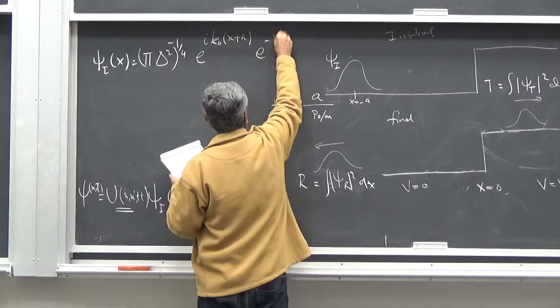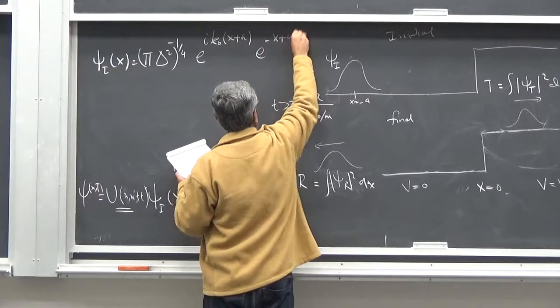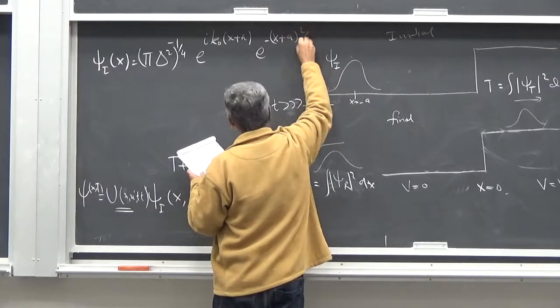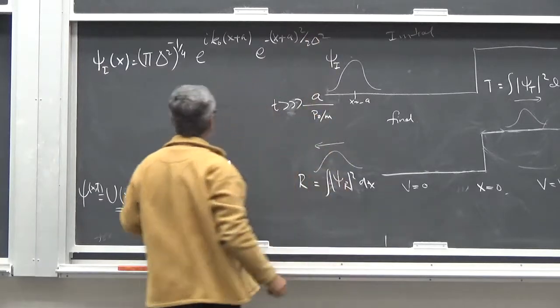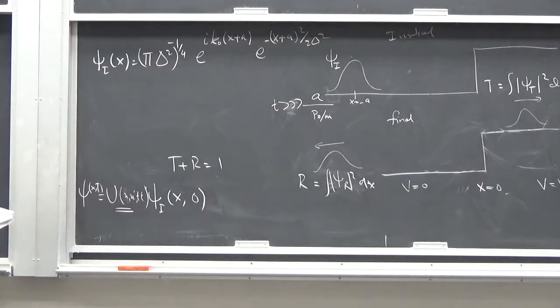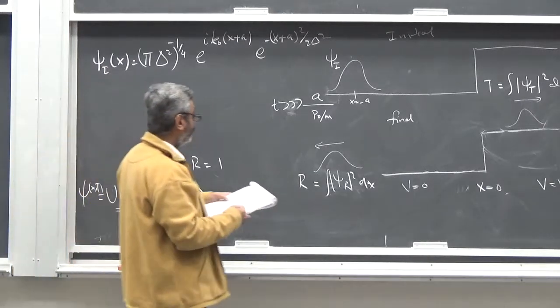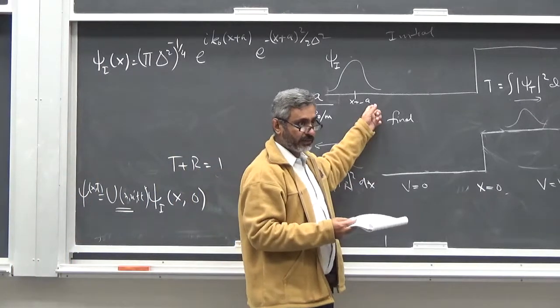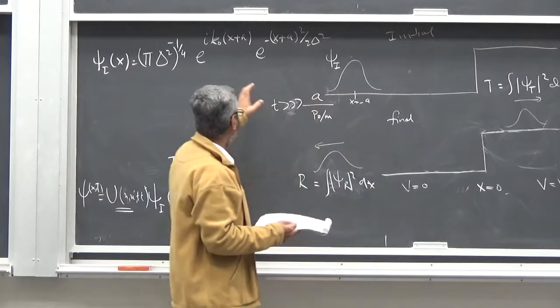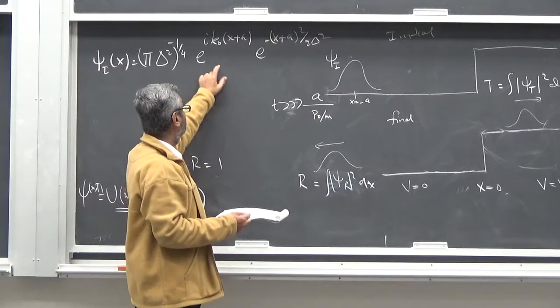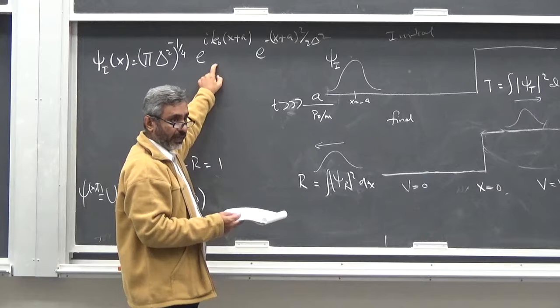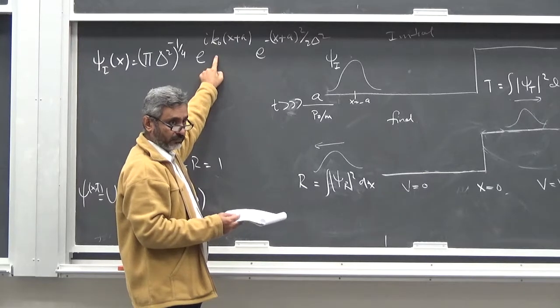E to the minus x plus a squared over 2 delta squared. Acha. If you want to be very close to the classical picture, you want this to be peaked in the K space at K naught, right?